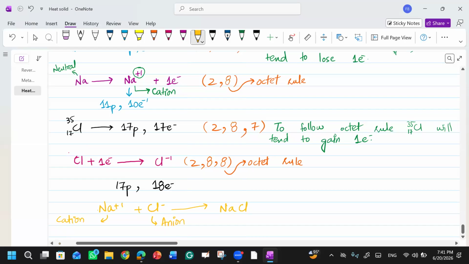Every species wants to be stabilized. In single atomic form they are not stabilized, they are not present individually. Remember this thing. The people who do mining, go to the mountains and extract the metals, that is known as metallurgy.